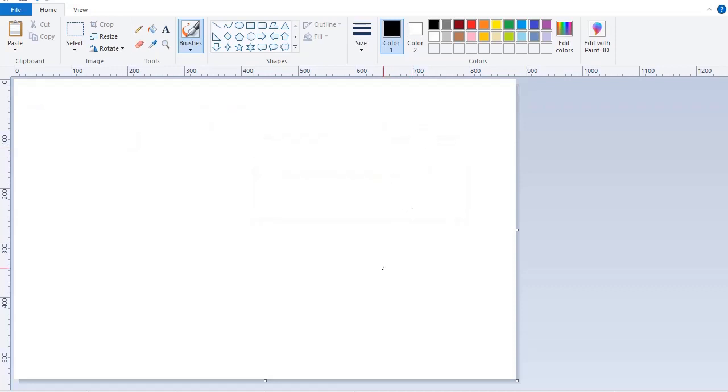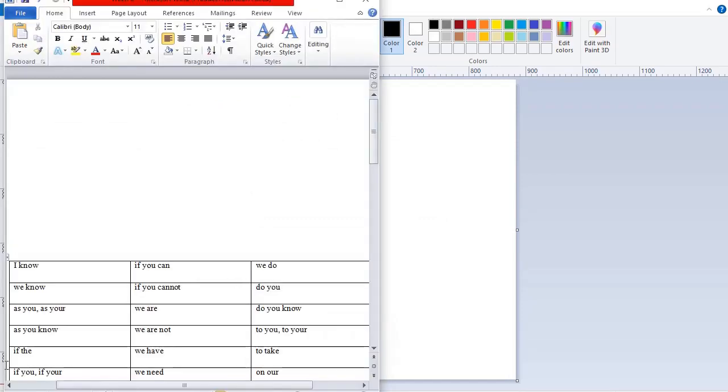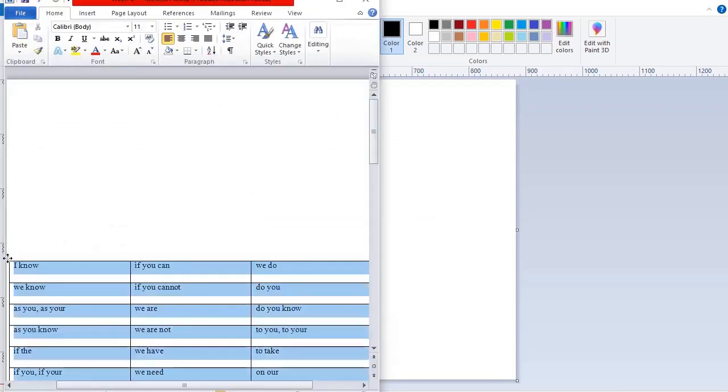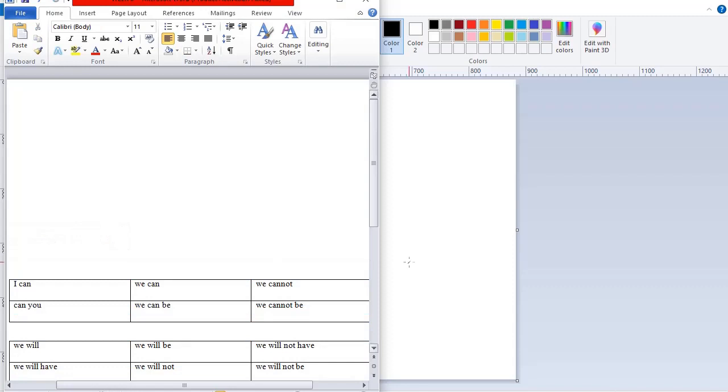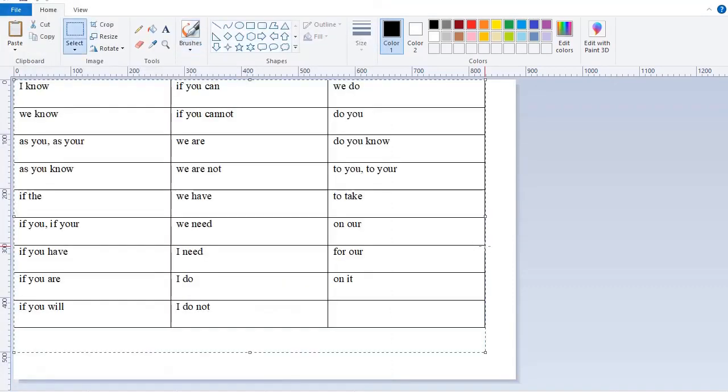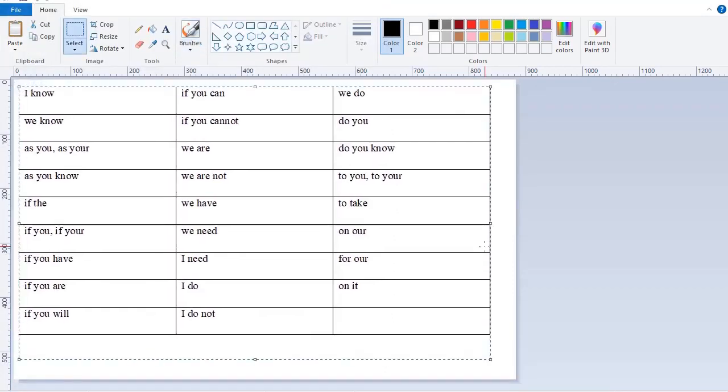So, the first set of words that we're going to try to transcribe are these. I know. I and know. We have I, and then N, and then O. I know. Okay, ayusin natin.